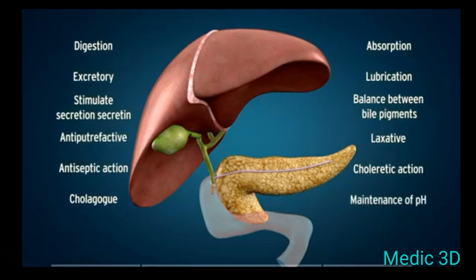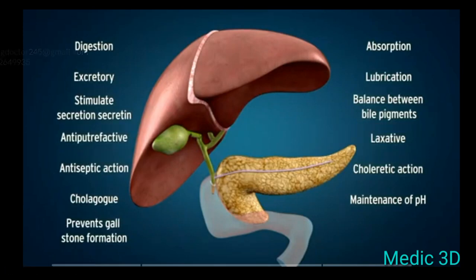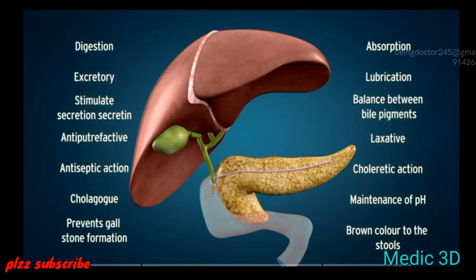Maintenance of pH: because of alkali content, it neutralizes the gastric juice and also chyme, thus maintaining optimum pH for digestive enzymes. Prevents gallstone formation: bile salts keep the cholesterol and lecithin in solution and thus prevent the formation of gallstones. Gives brown color to the stools.